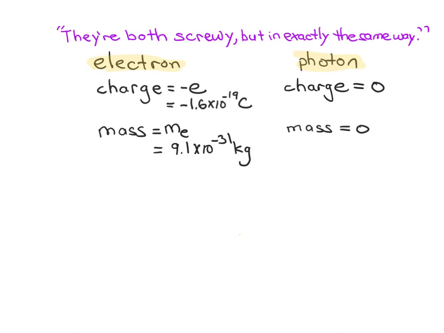No matter who's observing a photon, the central postulate of relativity is that all observers will agree that photons travel at the speed of light. So that's a really important distinction between photons and electrons. Photons are inherently relativistic particles. You need relativity to describe photons correctly. They travel at the speed of light.